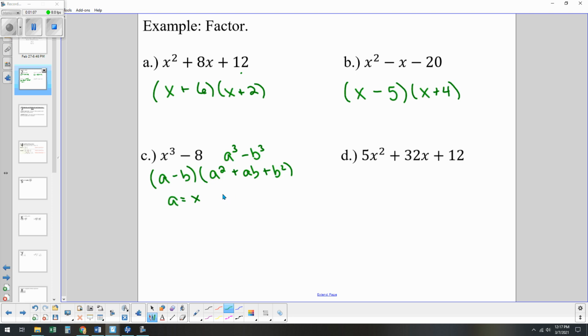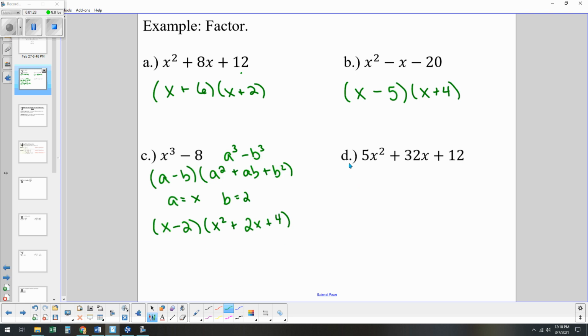And in the second spot, the cube root of 8 is 2. Right? We ignore the signs because the signs are going to come in here. So this factors to x minus 2, and then x squared plus 2 times x plus 2 squared. I'm going to write it as 4. I'm not going to leave it as 2 squared. I'm going to turn it into 4.